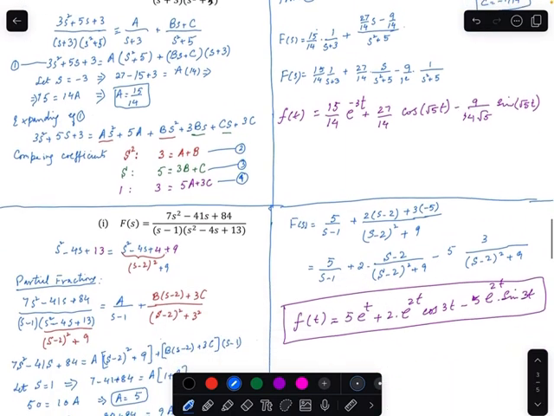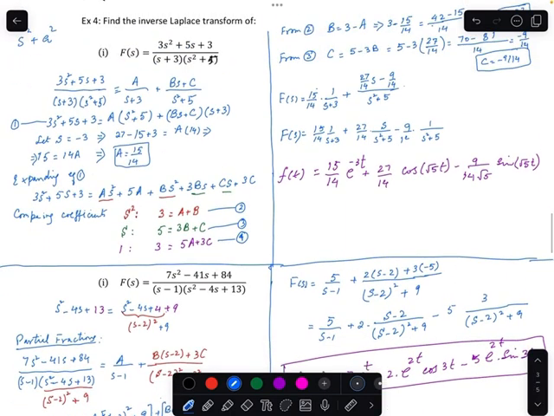And then we can have a factor with a s squared plus b s plus c kind of quadratic expression. Note the difference is that in the first case there is no s term, whereas in the second case we have an s term there. And we are looking at the case where this cannot be factored.